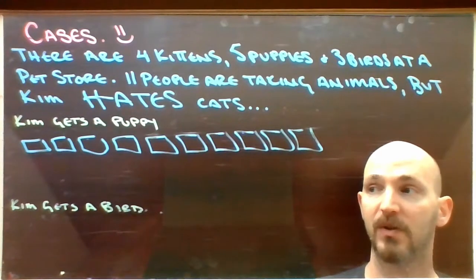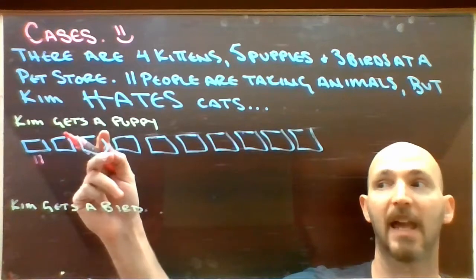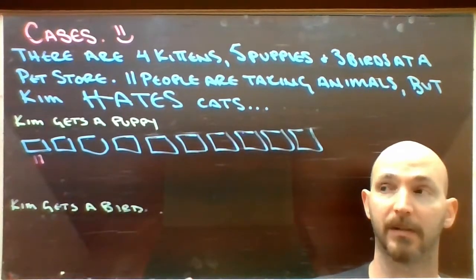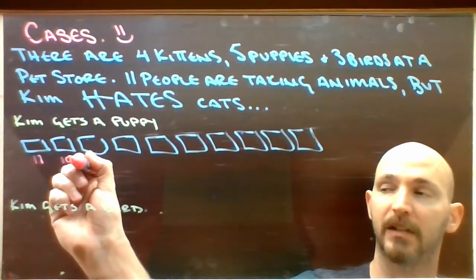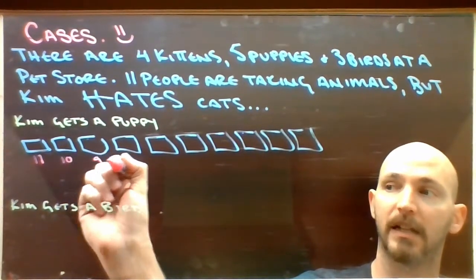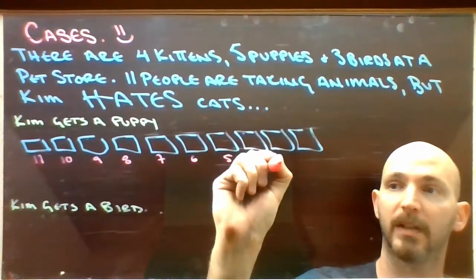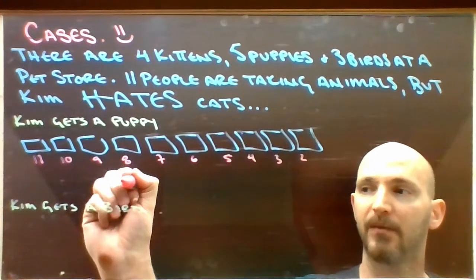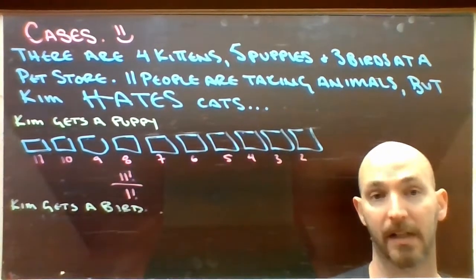So I'm going to choose an animal here. That's 11 to choose from. The only one I can't pick is the puppy that Kim walked away with. Be 10 left here, and then 9, 8, 7, 6, 5, 4, 3, 2. Well, that's 11 factorial, leaving one animal behind.